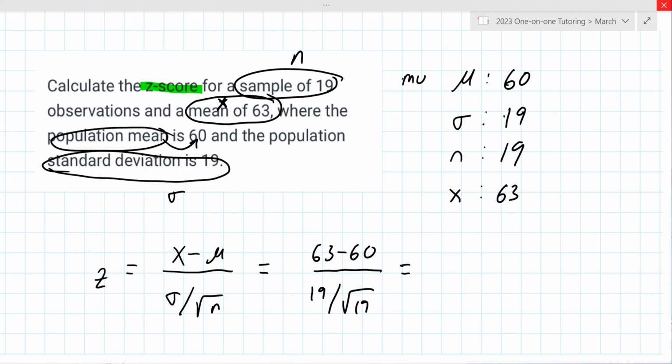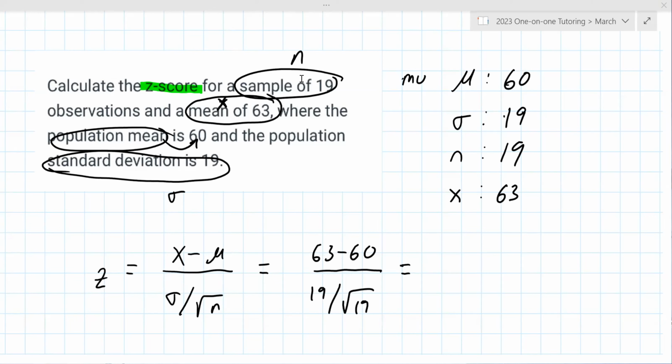So how did you know that it was 63 to 60? Because it's the formula, some of it comes back to the formula. The formula has 4 things that you need. There's no extra information there. It is the way it's written though. It's saying for a sample of 19 observations, it's really saying with a calculated X bar of 63.